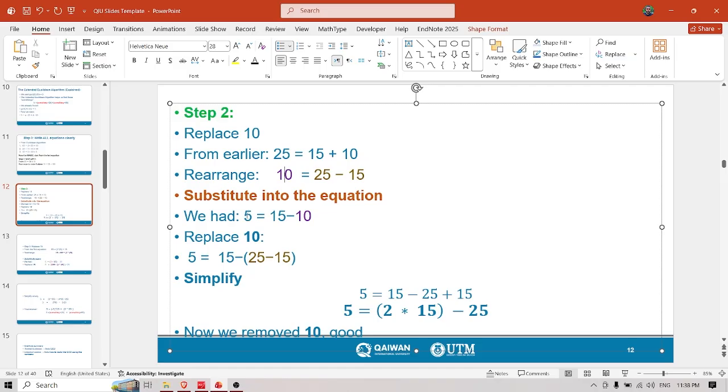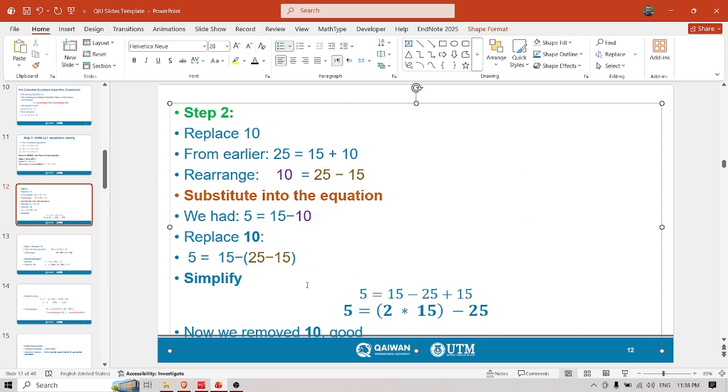Now we had this already: 5 is equal to 15 minus 10. Now this 10 we can change with this, because 10 is equal to this. Now we will have 15 minus (25 minus 15). We just changed this 10 into this.